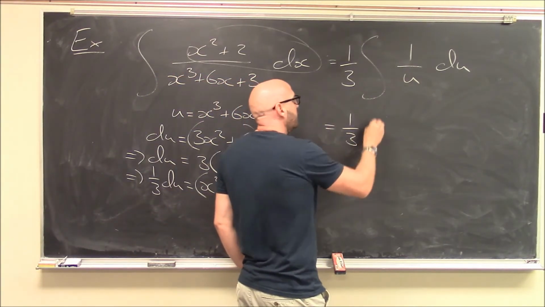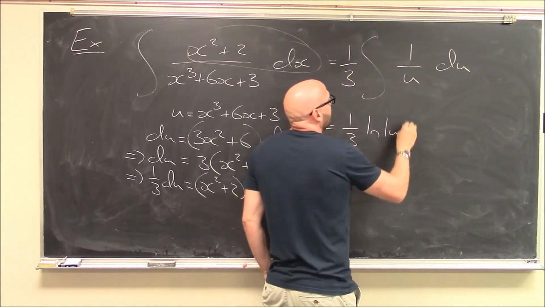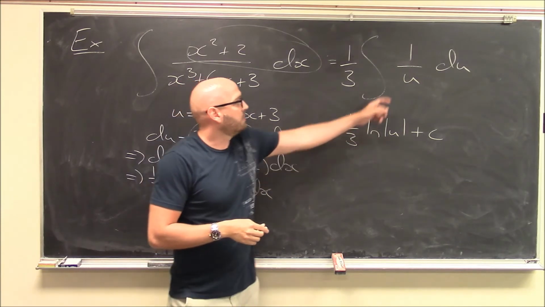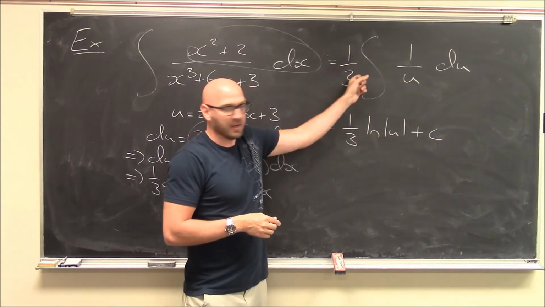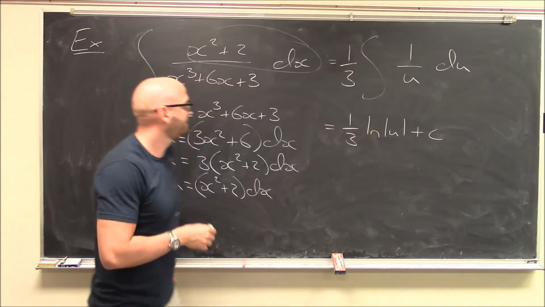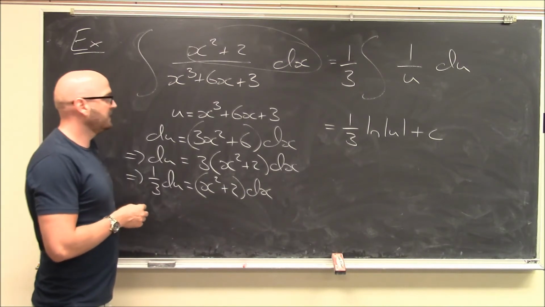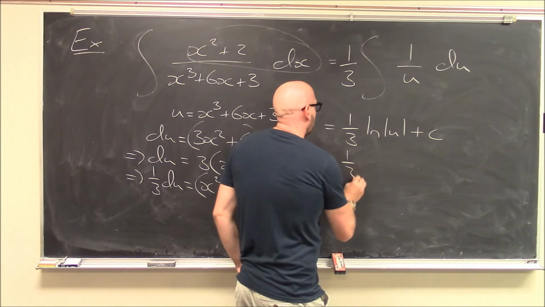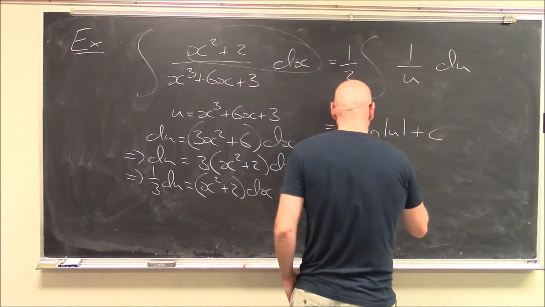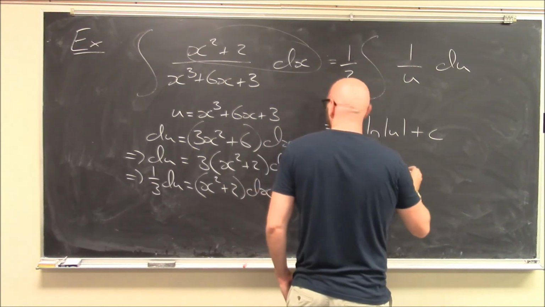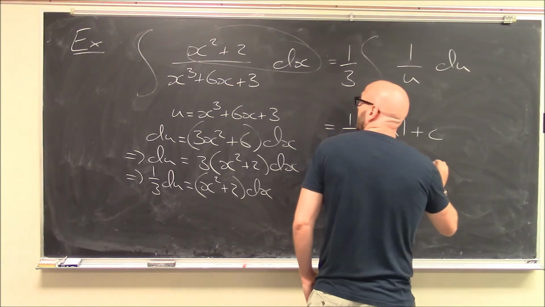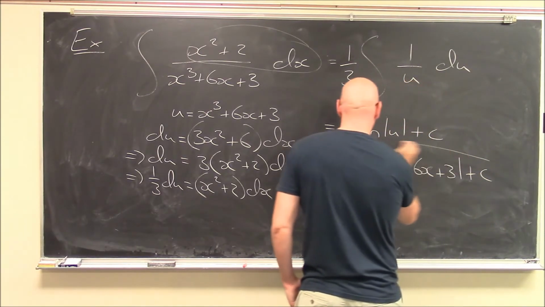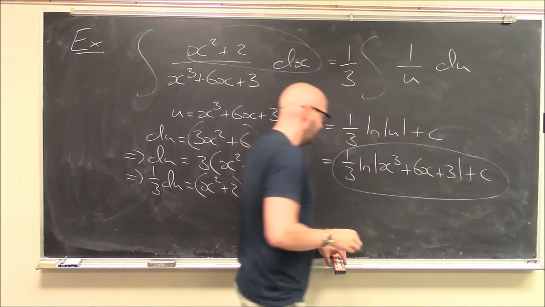Integral of 1 over u is ln of the absolute value of u plus c. And the 1/3 multiplies this antiderivative because it's 1/3 times the integral. And we just need to back substitute now. Back substitute: 1/3 times ln of the absolute value of x cubed plus 6x plus 3 plus c. There's our solution.